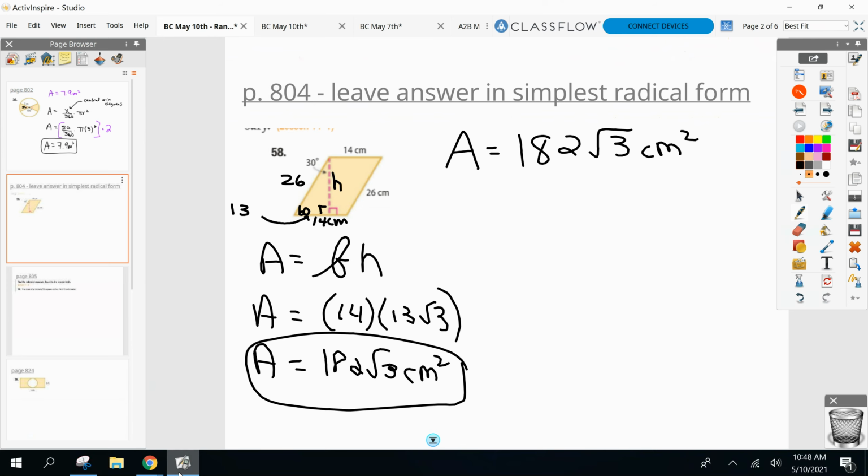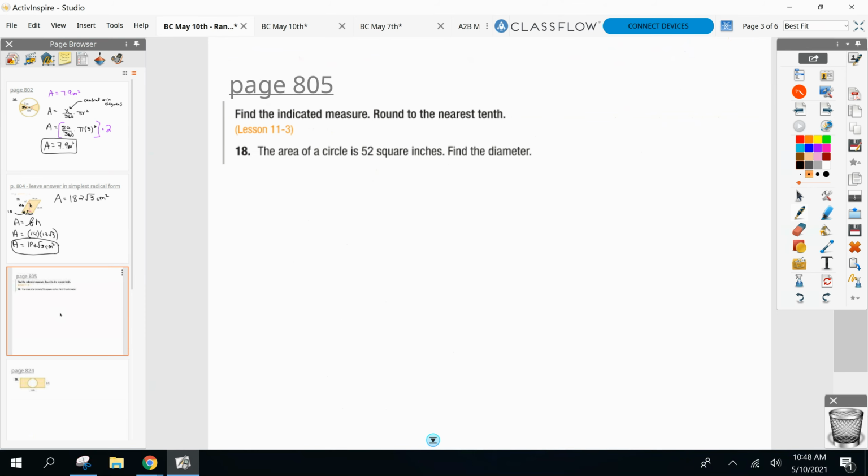All right, next up, next page, 805. Page 805, number 18. You're finding the diameter to the nearest tenth.